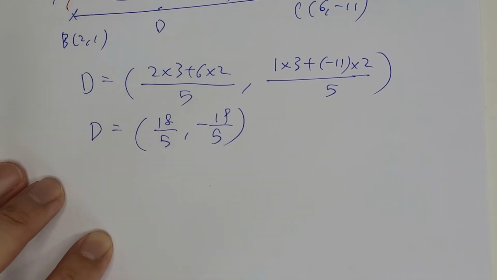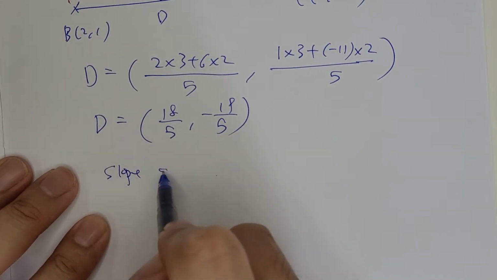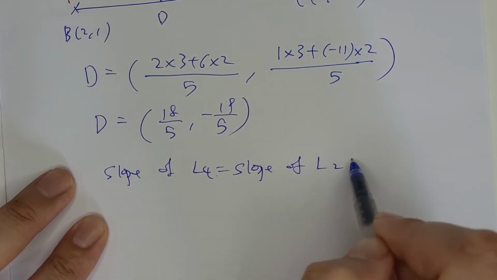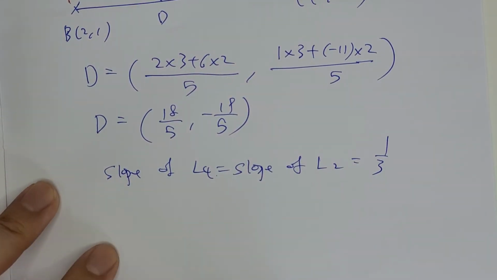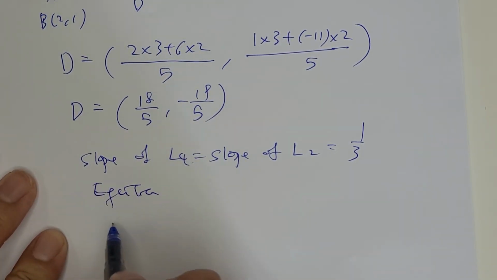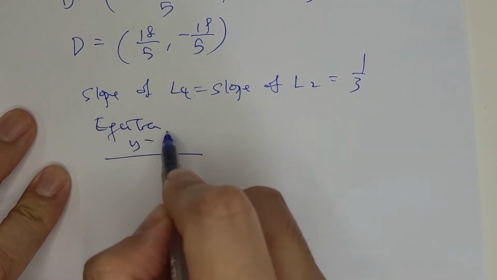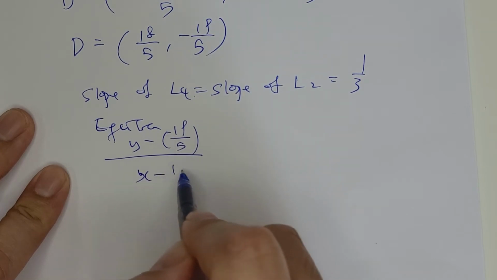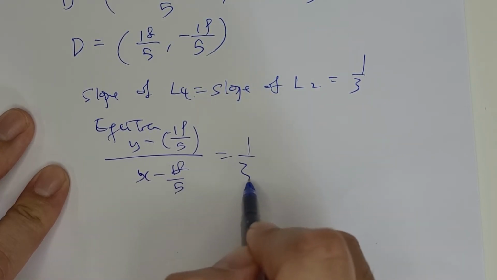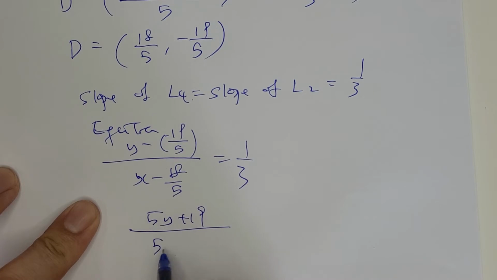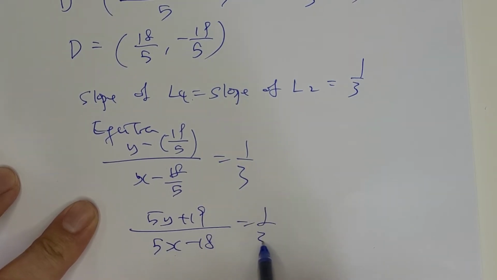And then the slope of L4 equals the slope of L2, that is 1/3. So the equation will be (y minus (-19/5)) over (x minus 18/5) equals 1/3. And then change to (5y plus 19) over (5x minus 18) equals 1/3.